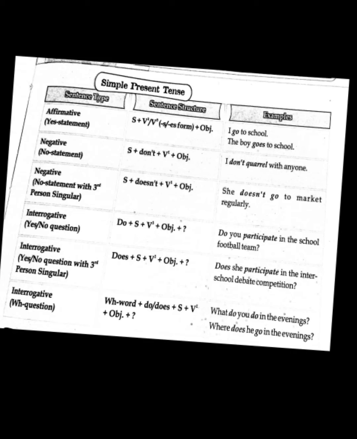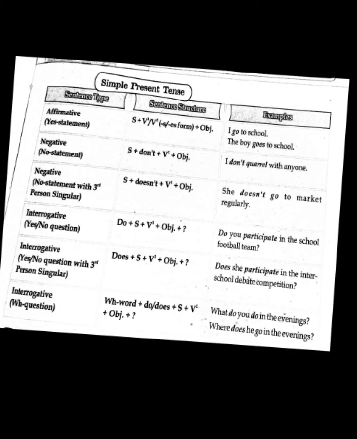Okay? Then the next case is interrogative. So, what will be the structure for it? The structure will be do plus subject plus verb first form plus object plus question mark. Students, since it's an interrogative, so you have to use question mark at the end. Example can be, do you participate in school football team? So here you have to use do. Okay? Now whenever you have third person singular, similarly you have to use something else.